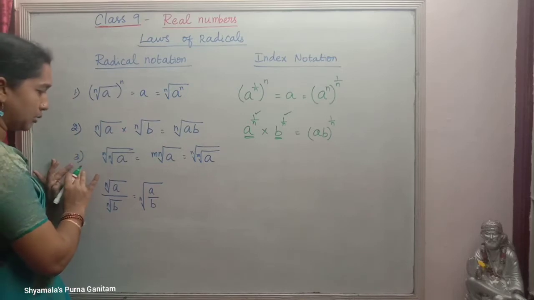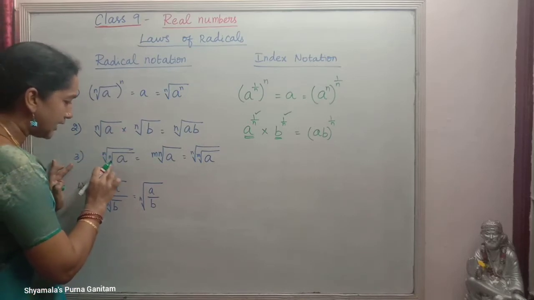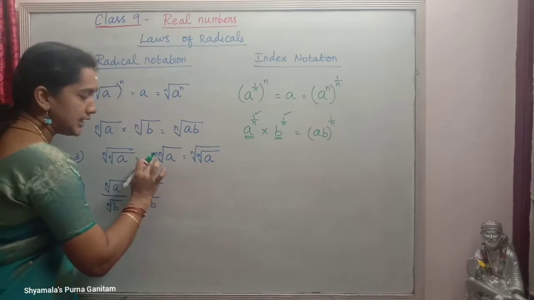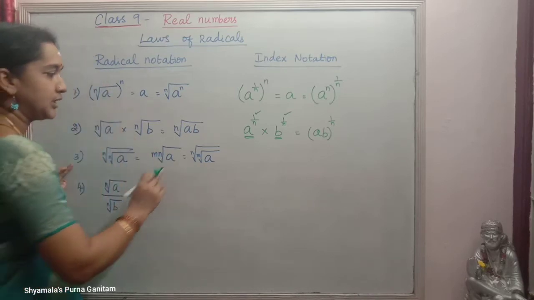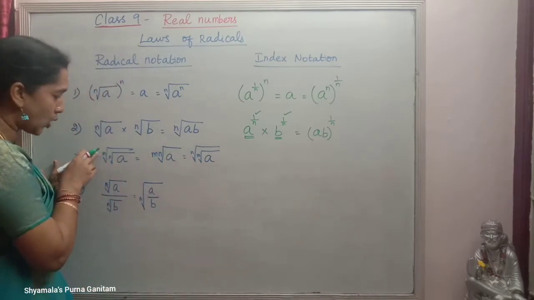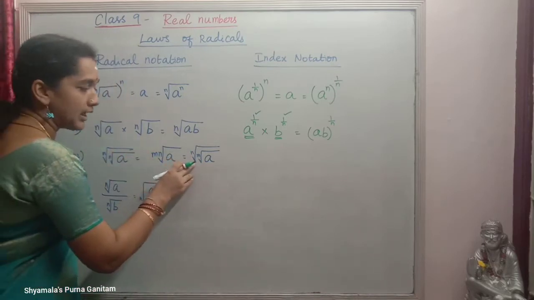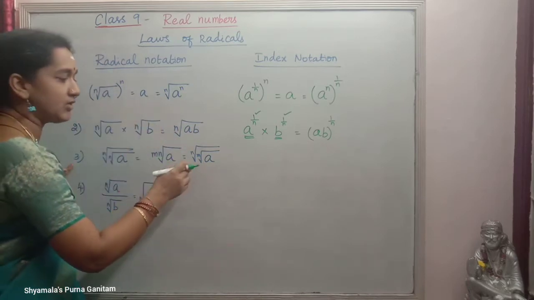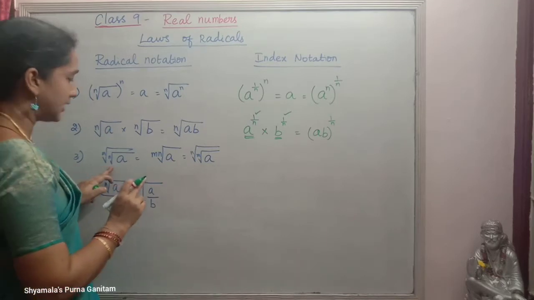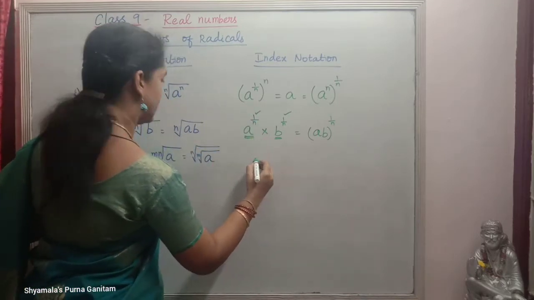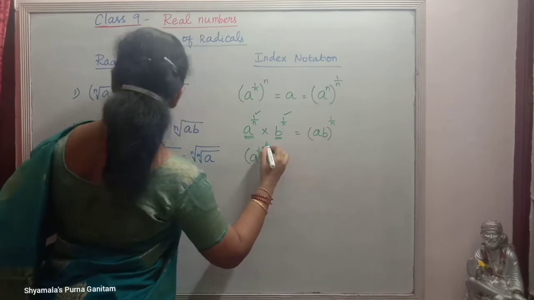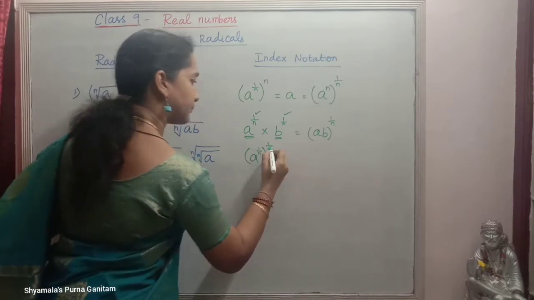Then third one is nth root of a, whole mth root, is equal to mn root of a. Here inside n is there, outside m is there. The same thing we can write as inside m and outside n. Okay, so this one in index notation, a power 1 by n whole power 1 by m.